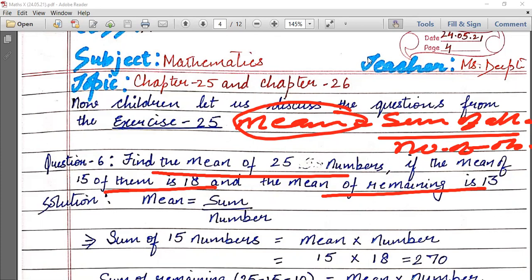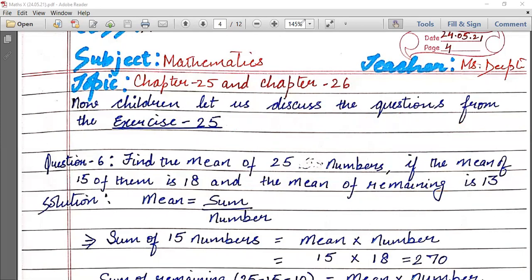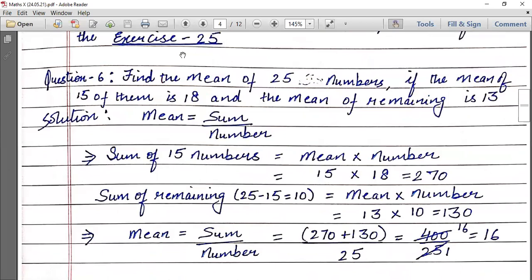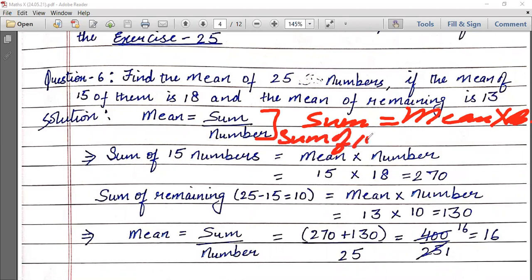So let's see. First, the mean of 15 students is given to you, that is 18. From here you can find the sum of the numbers, because the sum will be your mean multiplied by the number of observations. So the sum of 15 numbers is the mean 18 into 15, that is 270.